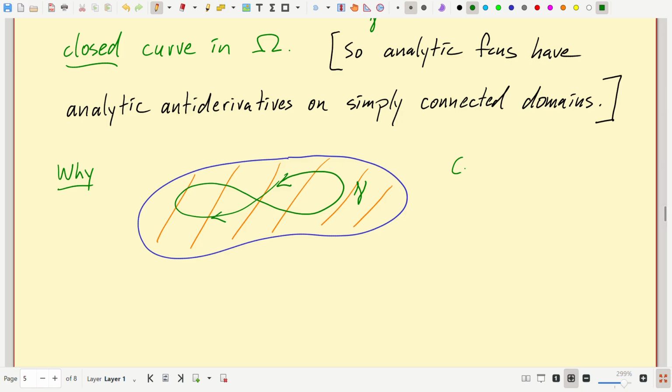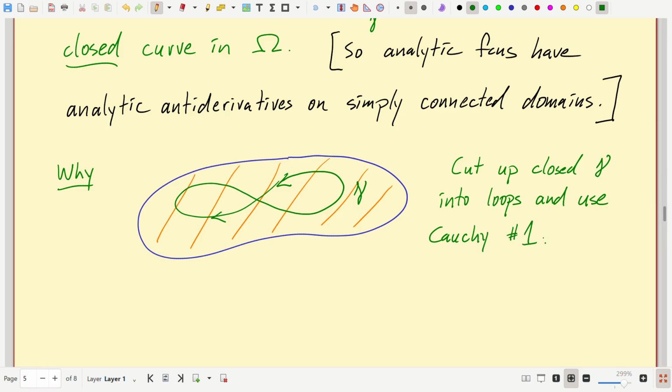So cut up closed gamma into smaller loops, and use Cauchy number 1. That's the feeling.